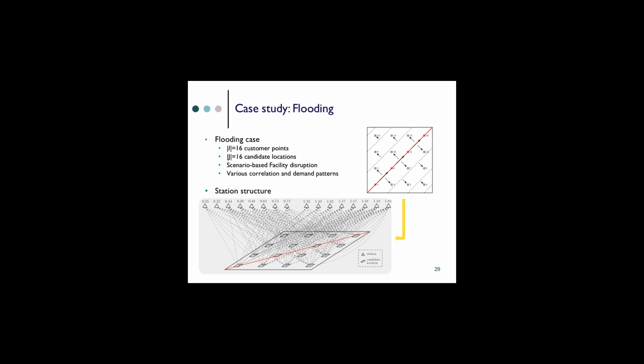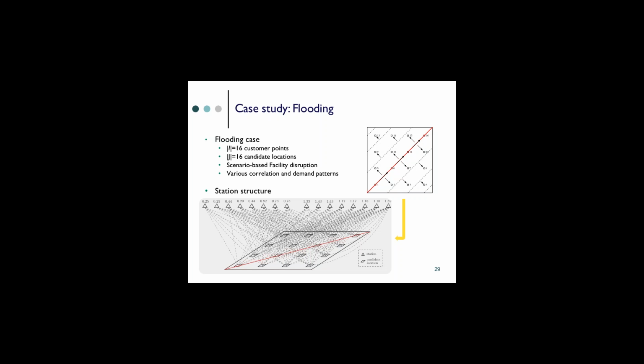Then we also give the scenario-based facility disruptions where the correlation is involved. We built the station structure based on our decomposition technique. No, there's a negative correlation. Yeah. So in the earthquake case, the correlation is positive, but here in the flooding case, the correlation can be either positive or negative.